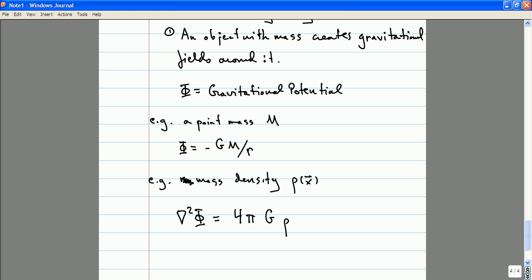So this is not something that is particularly important in this class. If you haven't seen that, don't worry about it. It's just the second-order differential equation that allows you to determine the gravitational potential around some object given its mass distribution. But for the purposes of this course, the only formula that one really needs to know is this one here. Is this a formula that everyone is familiar with? Raise your hand if you're familiar with this formula. Okay, good.